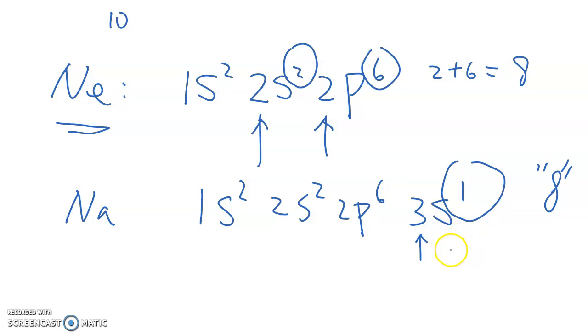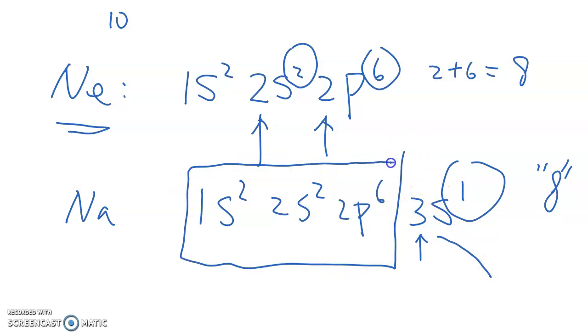So how can it be happy? If I remove this electron and leave this over, what will happen now? Now the valence electrons will be 8. That means sodium would love to lose 1 electron and form sodium plus. That's why elements in the first group prefer to be 1 positive, because they always have 1 valence electron.